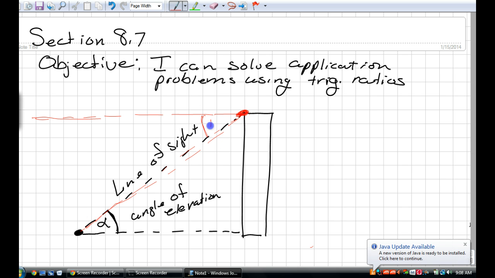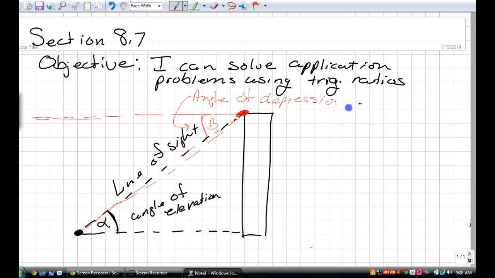This angle, beta, is called the angle of depression because it is the angle formed by the horizontal and the line of sight looking down. So this is the angle of depression. Okay, so the angle formed by the line of sight and the horizontal when someone is looking down at something.